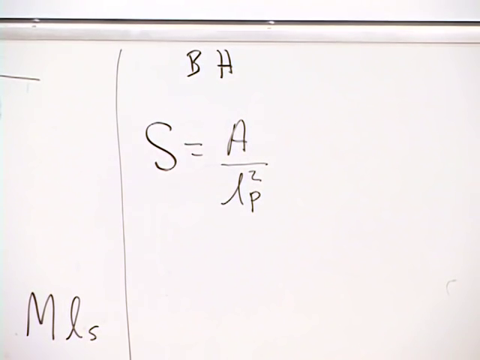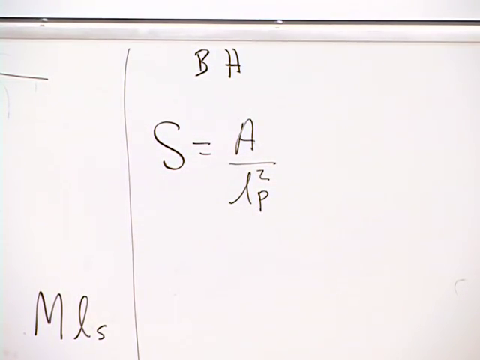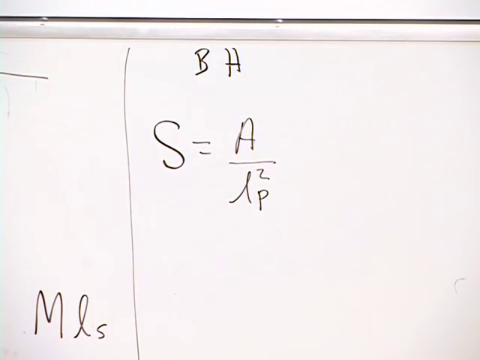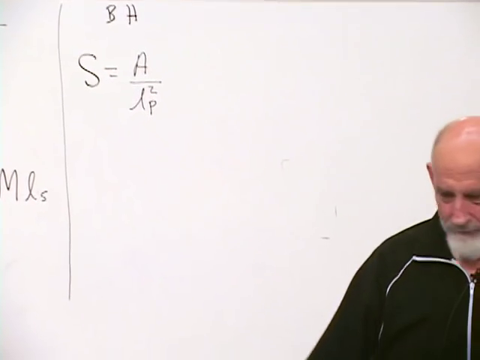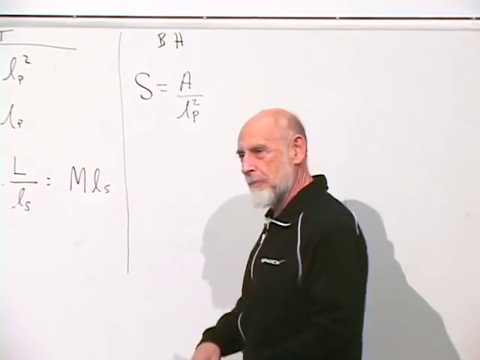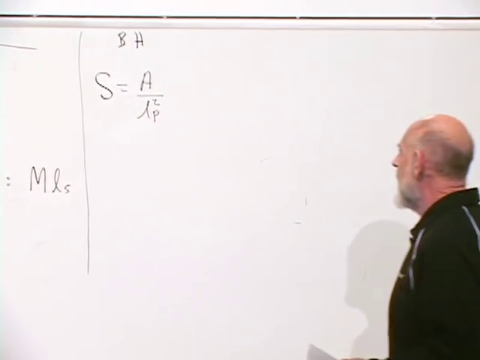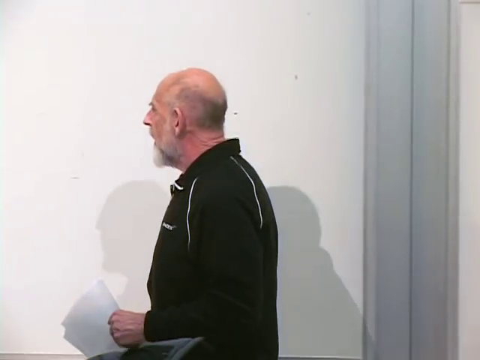And there's a numerical coefficient. Do you remember what it was? 4. We're never going to be able to calculate that 4. It's too hard. But this is the scaling, the parametric behavior of it: the area divided by L Planck squared.